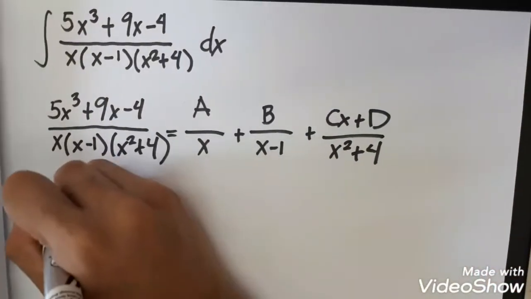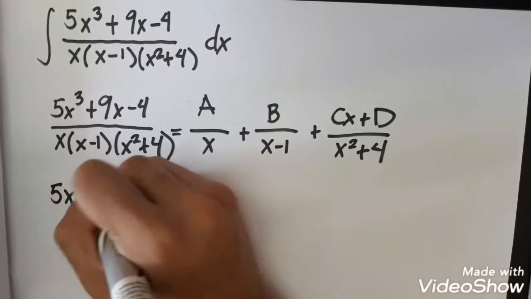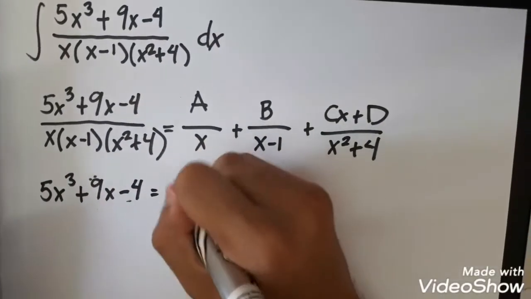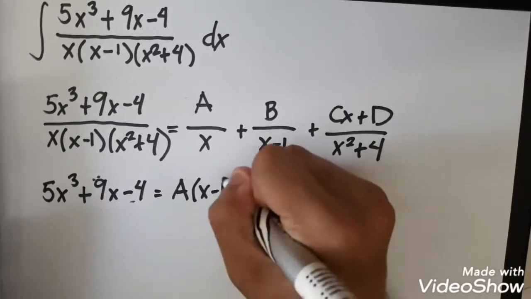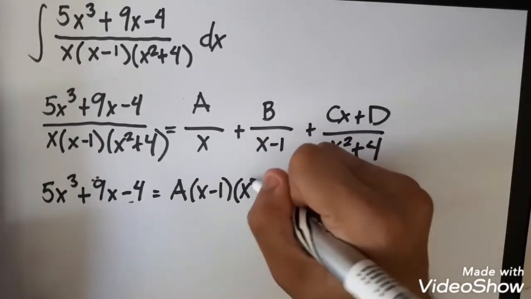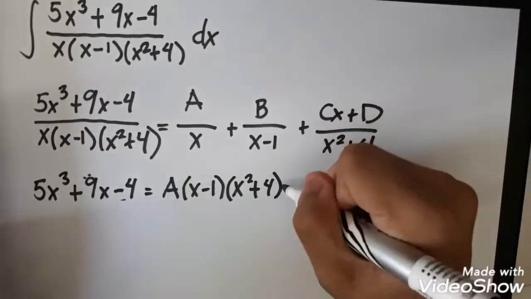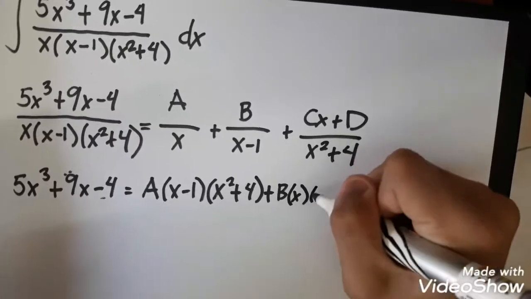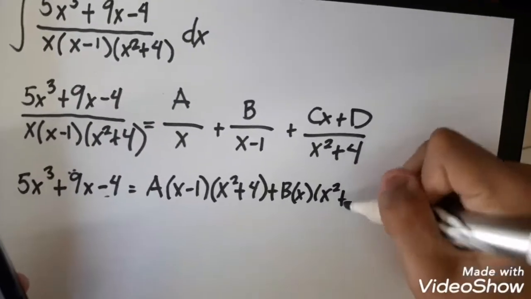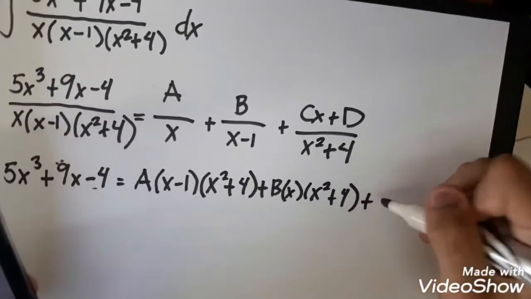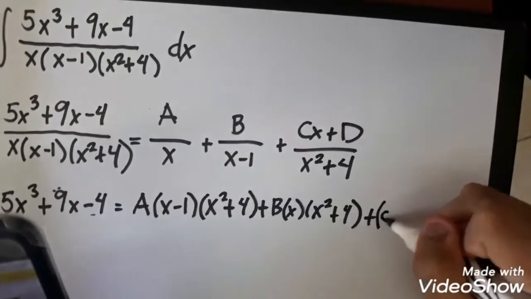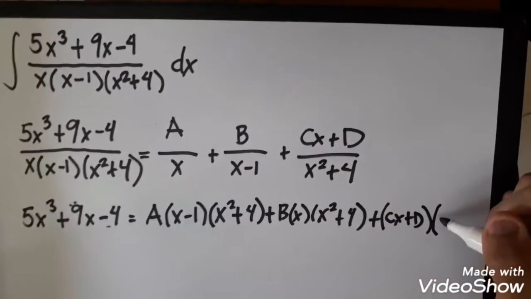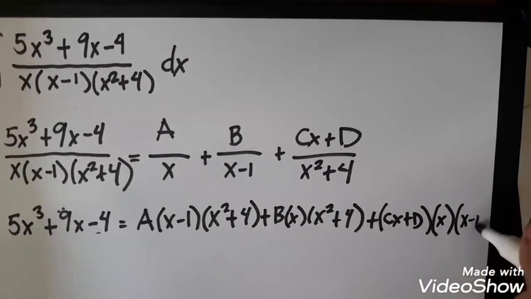So 5x cubed plus 9x minus 4 is equal to a times x minus 1 times x squared plus 4 plus b times x times x squared plus 4 plus cx plus d times x times x minus 1.